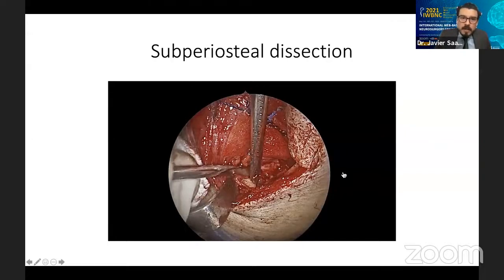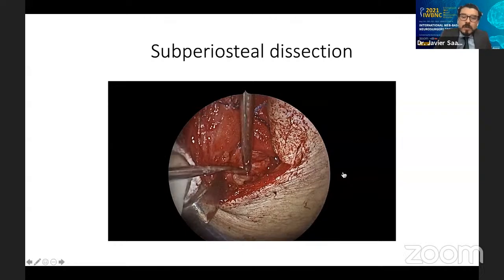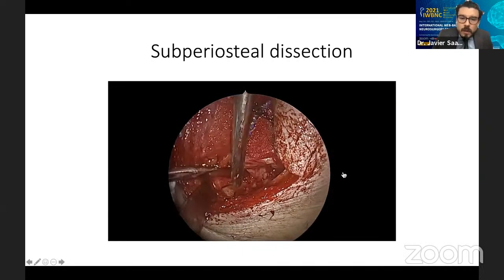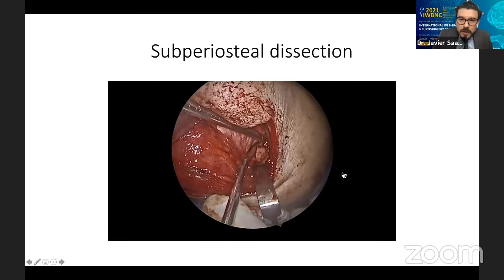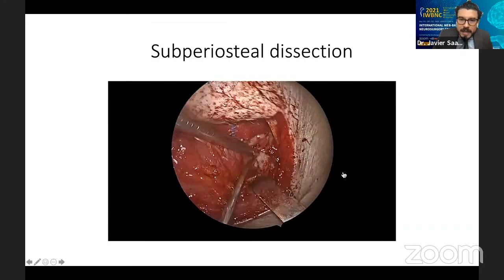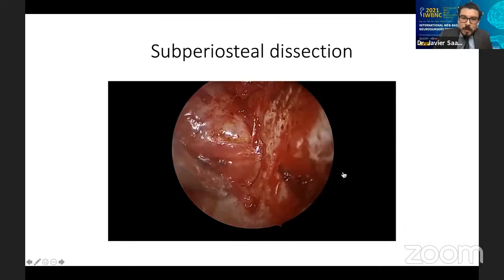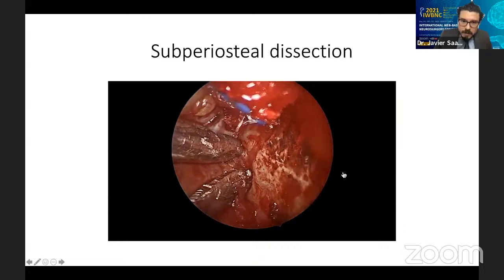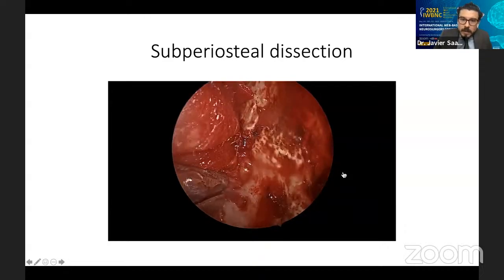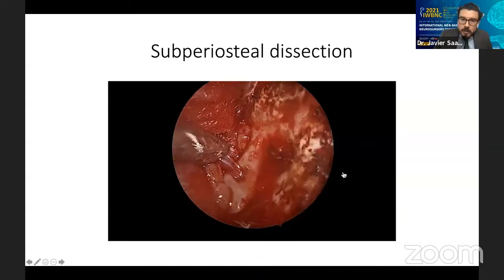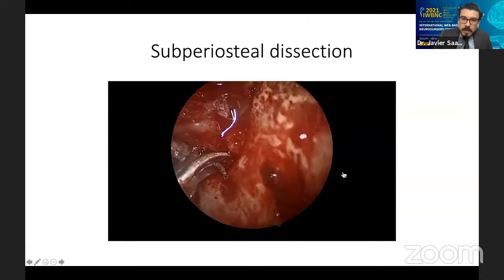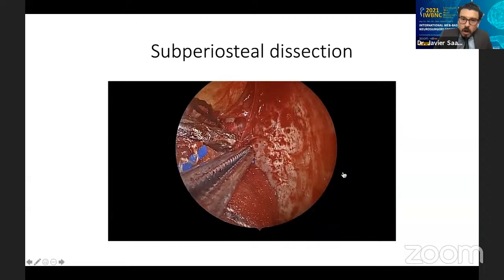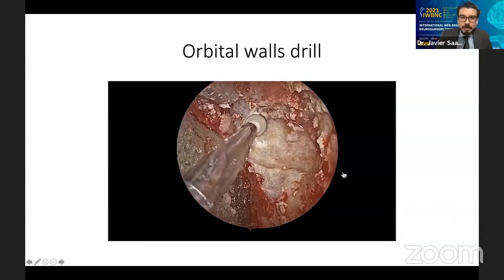You start with a subperiosteal dissection. You want to keep the periorbita undamaged, because if not, the periorbital fat is going to be in your way in the surgical field. This is the zygomaticotemporal nerve that you coagulate and cut. Then you have access to the most inferior part of the orbit.